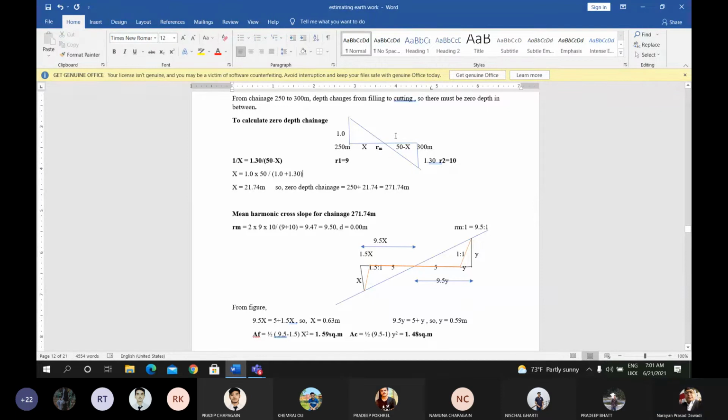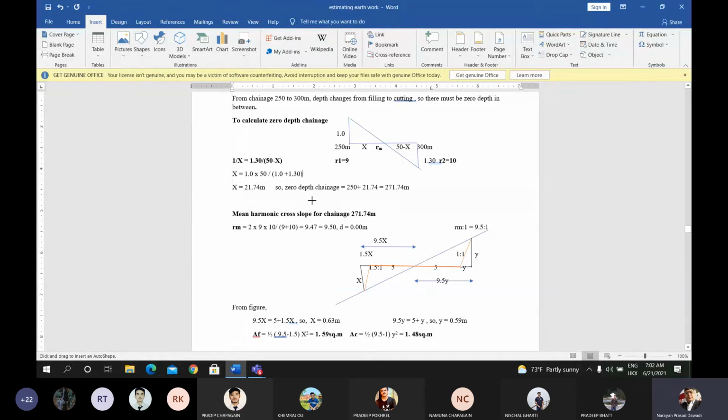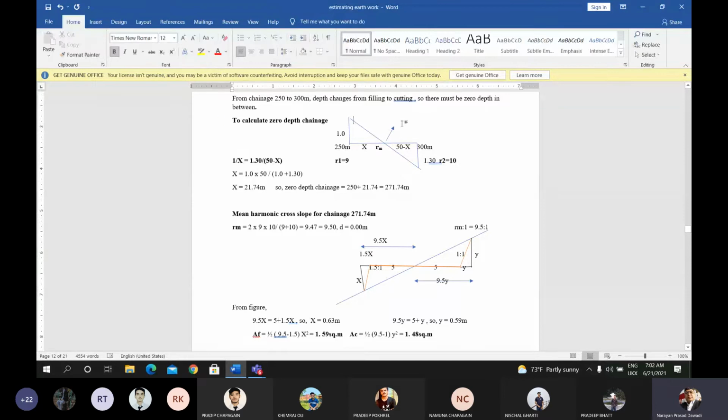Okay, D is equal to 0 here. Now for this value D equal to 0, R1 is the harmonic cross slope of the section 250.